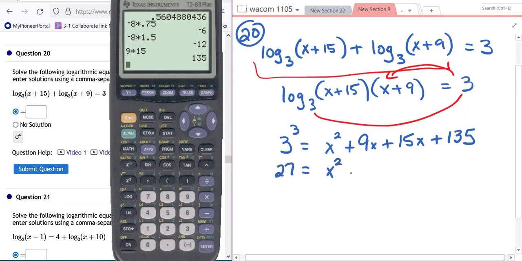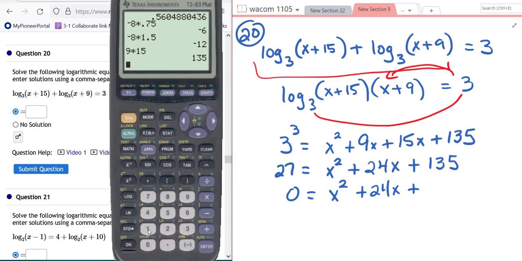And 9x and 15x will give us 24x. And then you're going to subtract your 27 to get a 0 because you have a quadratic equation. So we have 135 minus 27.